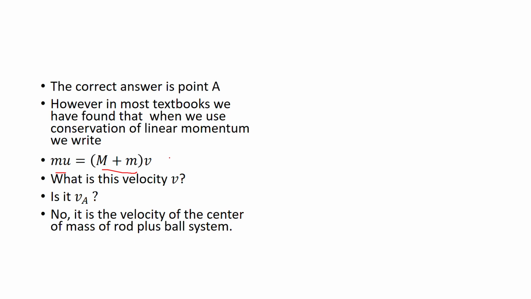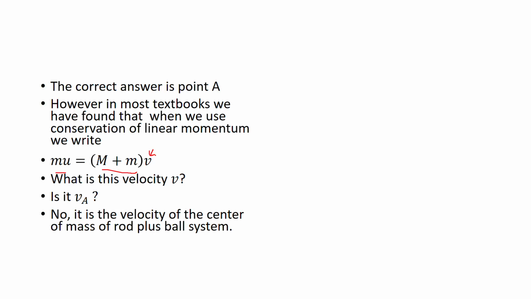The answer is that this v is the velocity of the center of mass of the entire system. When we are considering the rod and the ball combined as a system, suppose this is mass m and this is capital M. Now the center of mass will not be the center of the rod.